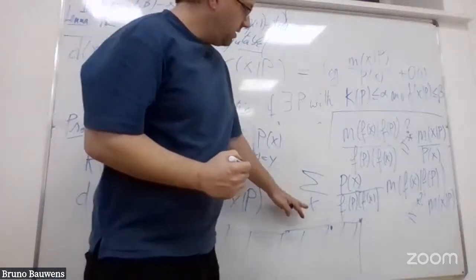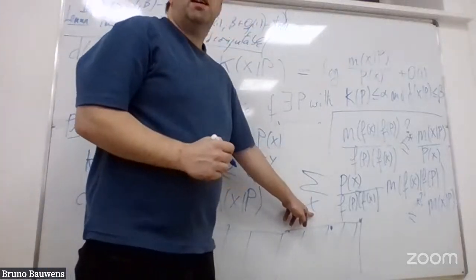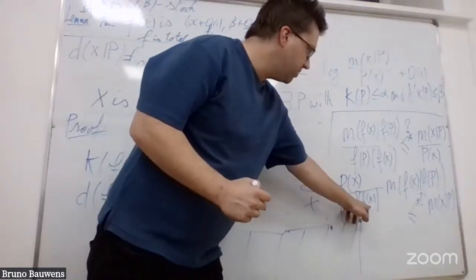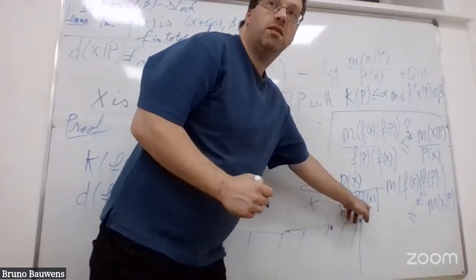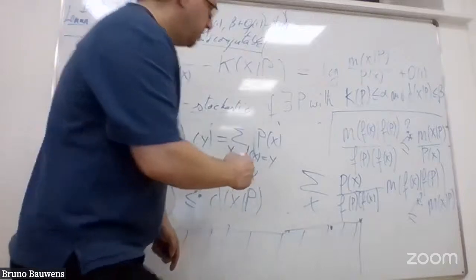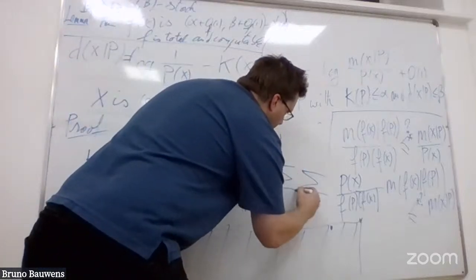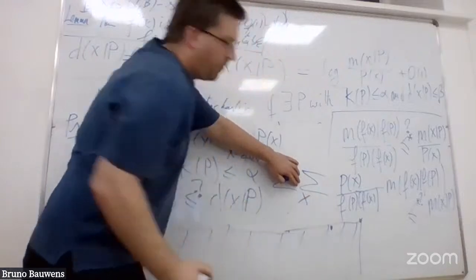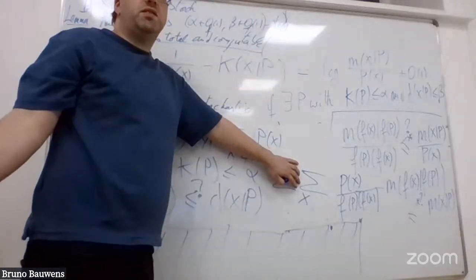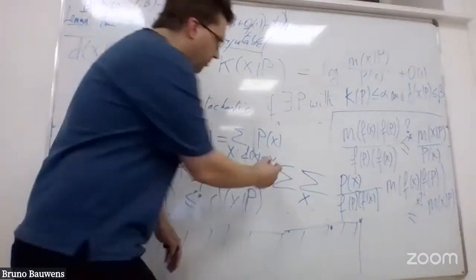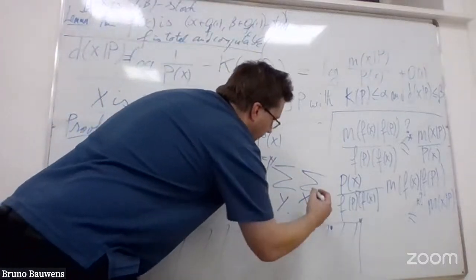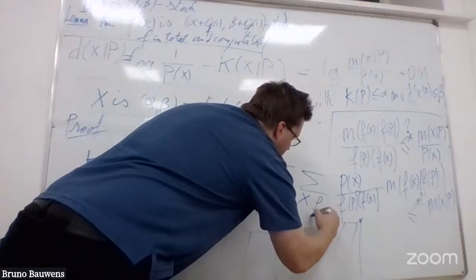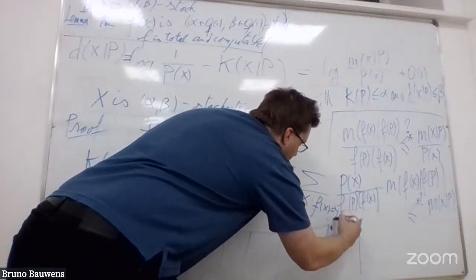In the sum, I can collect the x's over all the values of f of x. I will do it in a special way: I will first sum over all the y's, and then over all x's such that f of x is equal to y.